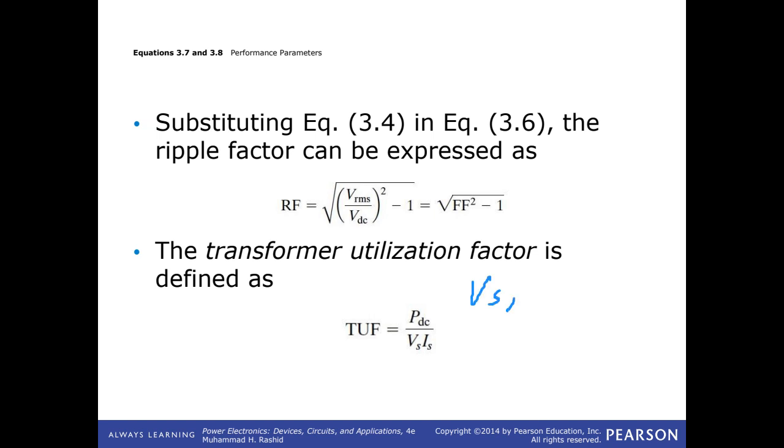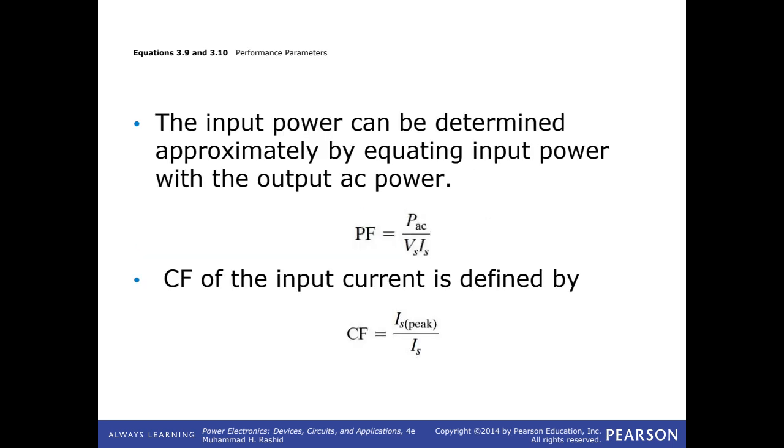VS, IS, RMS values. Don't forget. So this is a typical apparent power. And if you continue in that, power factor, however, AC power over VS over IS.